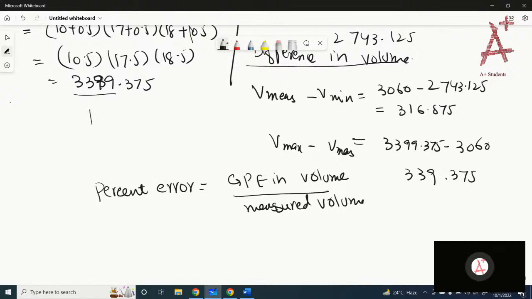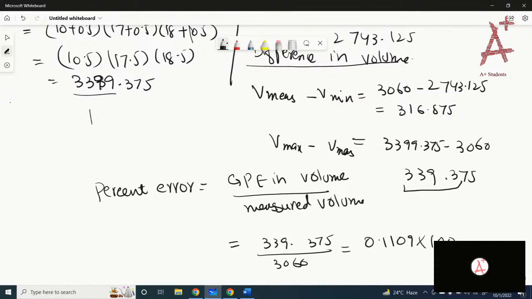The greatest possible error, that is V max minus V measured, is 339.375, and the measured volume is 3060. Just divide them, and the value is 0.1109. Multiply this value by 100, so it will be 11.09. You can round off the number, so the greatest possible error is 11%.